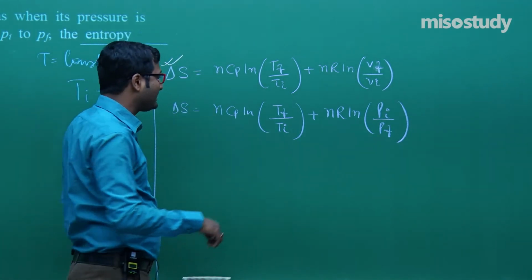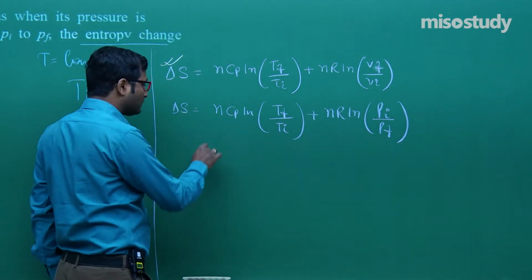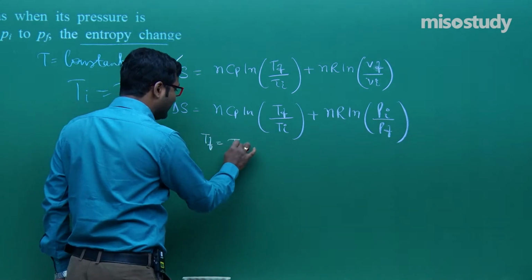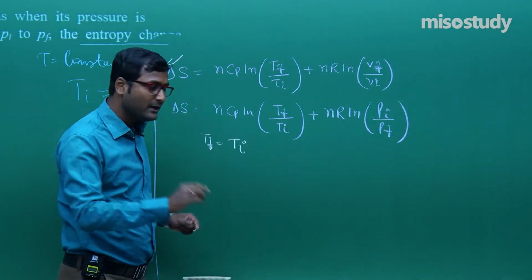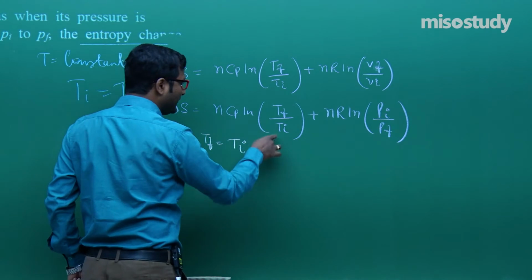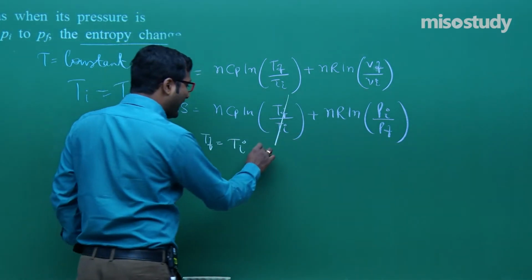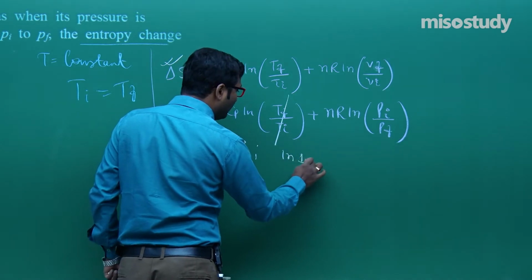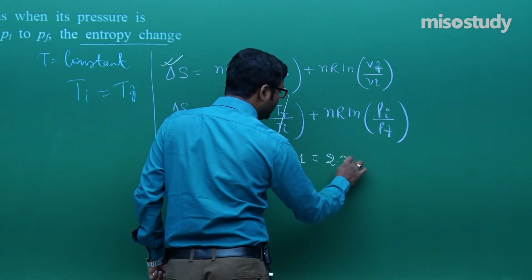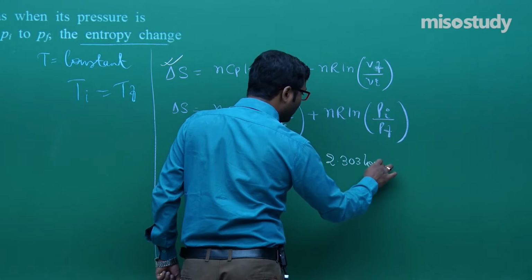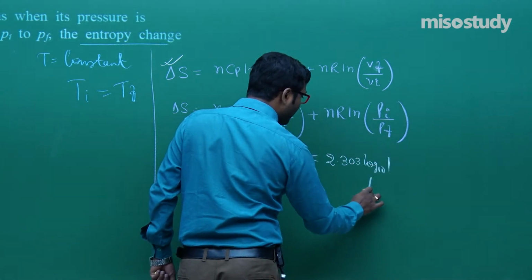Now the question arises, if the process is isothermal, that is T final is equal to T initial. Clear? If T final is equal to T initial, then they cancel each other and the value will be 1, and we all know ln 1, or it can be written as 2.303 log 1, is equal to 0.